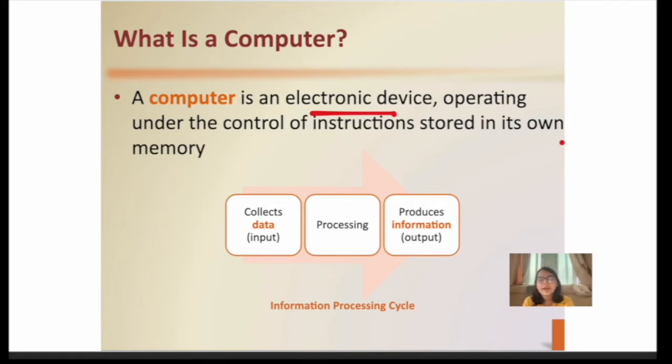So it is using some input components of a computer, and then the data will be processed, transferred as a binary code system, or transferred to an instruction, and it will produce information, it will give an output.